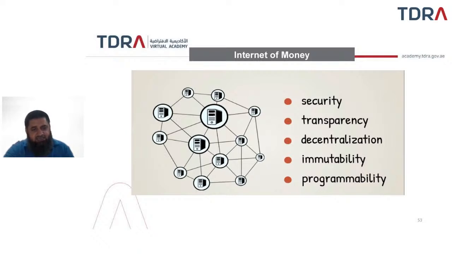Then we say there is immutability, meaning when the information is stored in the blockchain, it cannot be modified. So if I have a property and I want to sell it, and I have the information that I own this property in the blockchain, then no one can do an illegal conviction on that property.